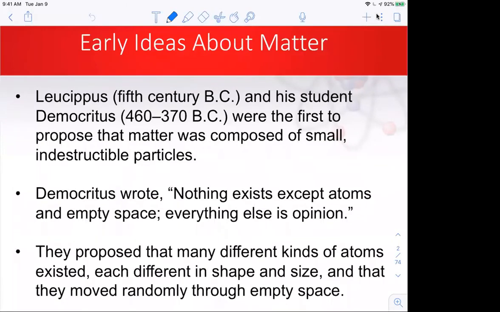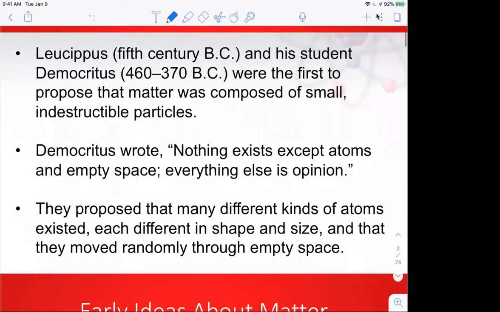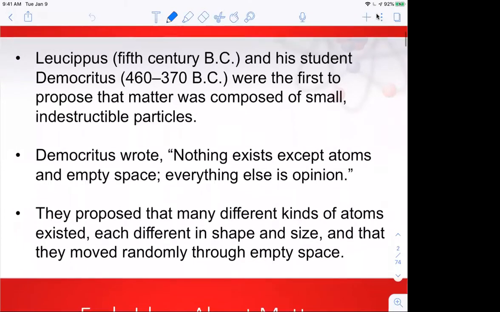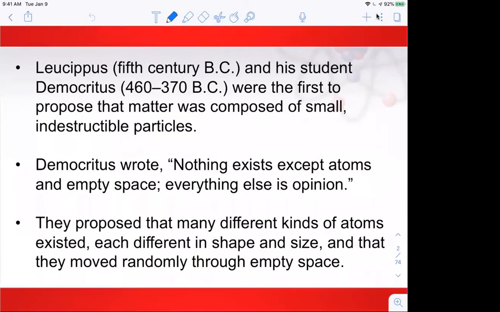These were the first individuals to propose that matter was composed of small indestructible particles. Democritus wrote, "Nothing exists except atoms and empty space. Everything else is opinion." They proposed that many different kinds of atoms existed, each different in shape and size, and that they randomly moved through empty space.